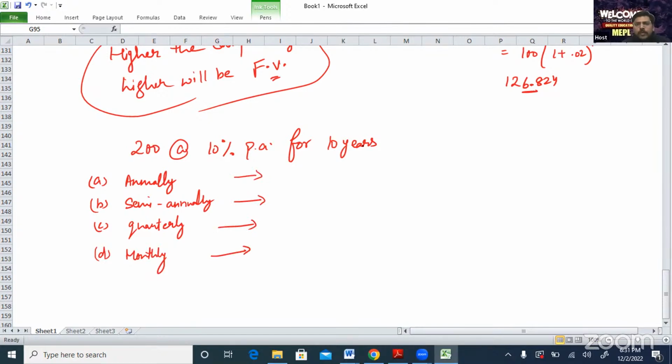200 is the present value, 10 years is the time, 10% per annum, compounding annually, semi-annually, quarterly, and monthly. Tell me the future value for all the cases. I am giving 3 minutes to everyone.